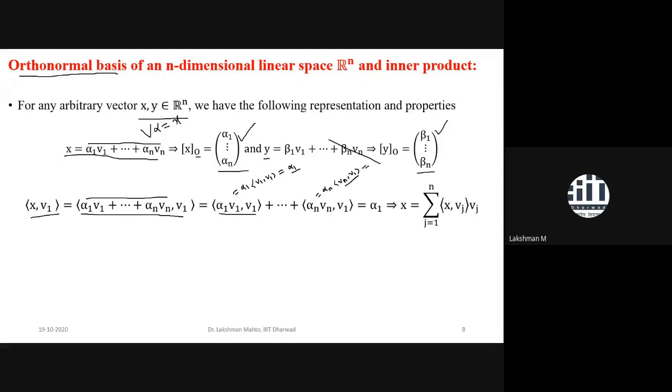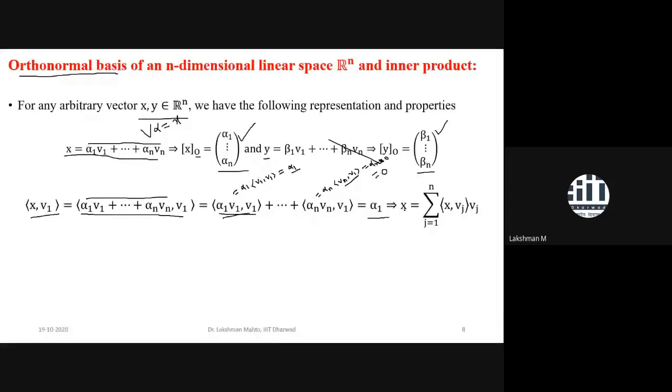So it becomes alpha n times 0, which equals 0, due to the property of the orthonormal basis. From here you see that the inner product of x with v1 gives the first coefficient of x, or the first coordinate of x with respect to the basis.